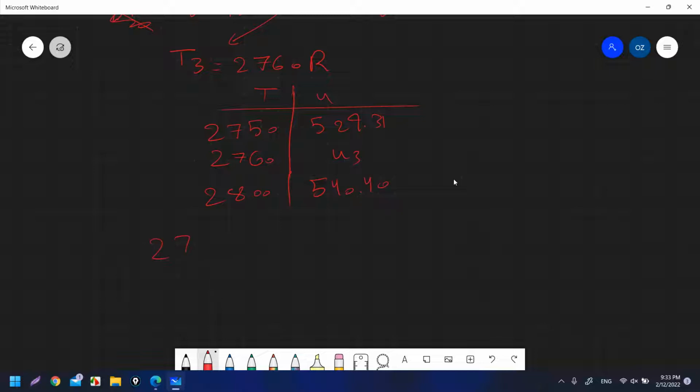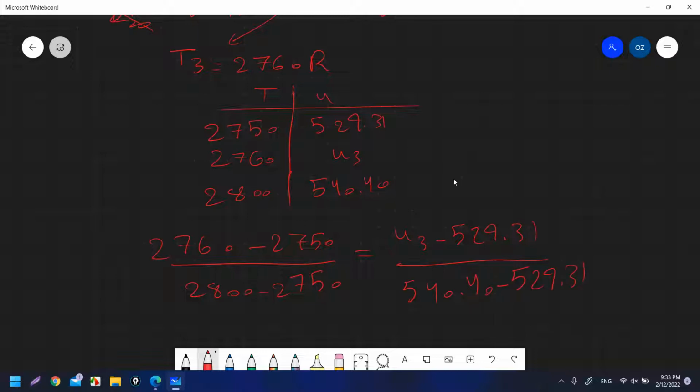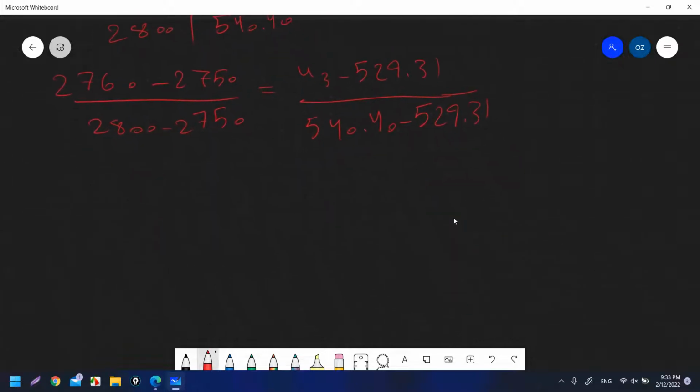So 2760 minus 2750 over 2800 minus 2750 is equal to U3 minus 529.31 over 540.40 minus 529.31, and this will give you U3 is equal to 531.528 BTU over pound mass.